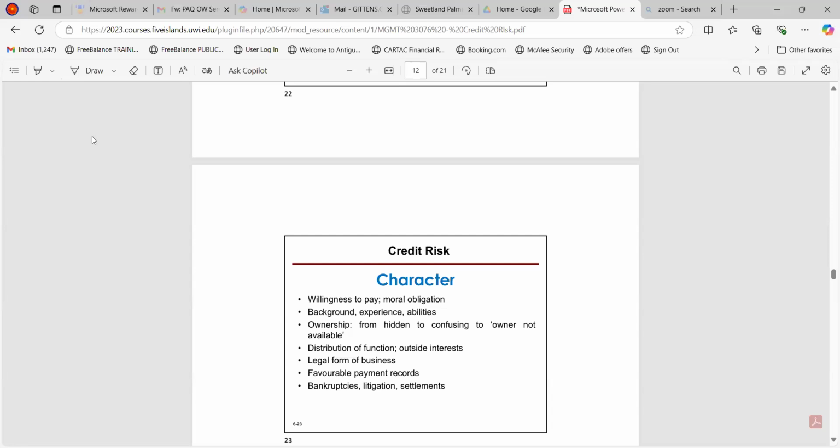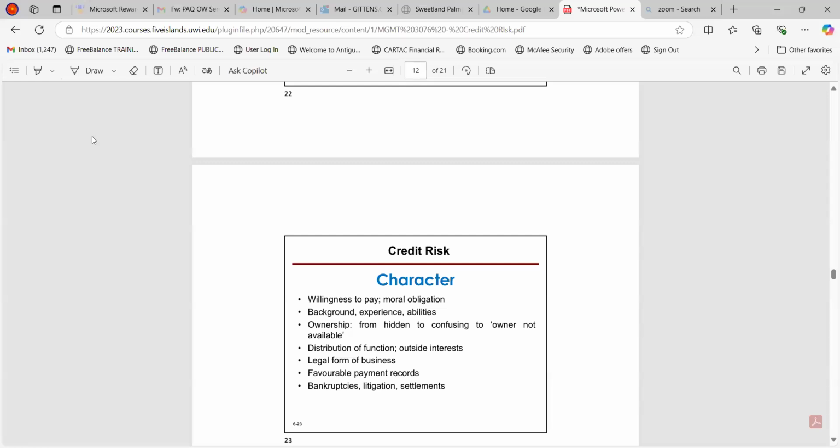ownership. Is this person always available to you? What are some of the person's outside interests? Are they involved in other activities that could prevent them from paying their loan? If it's a business, what is the legal form of the business?